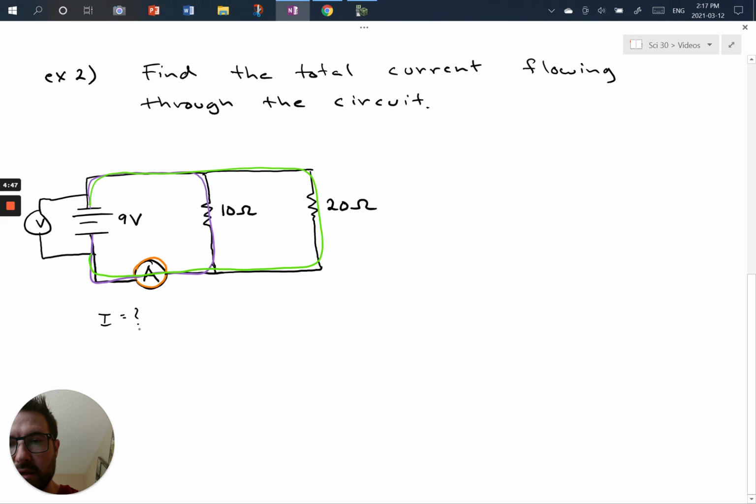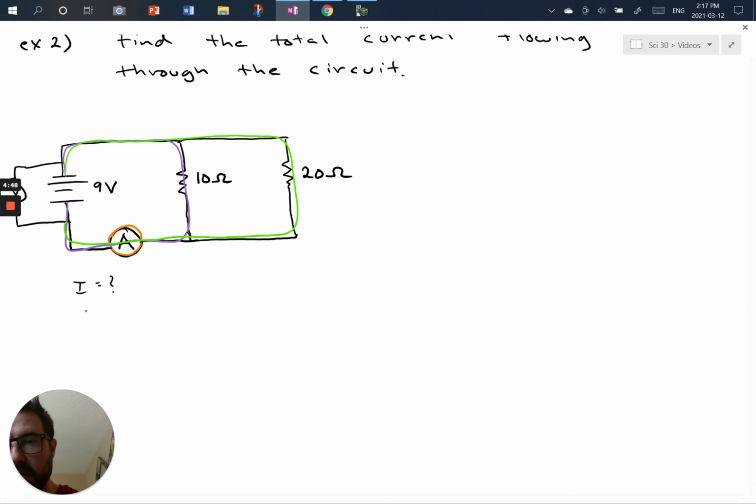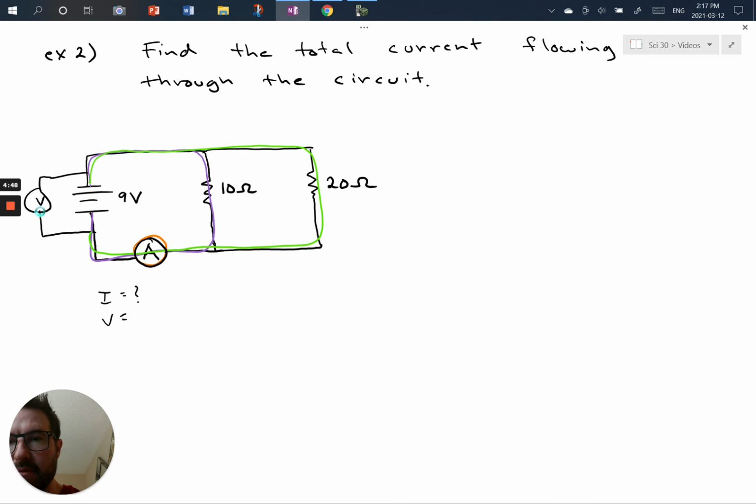We have the voltage. The voltage across my source or my batteries is the total voltage available to my circuit. It's the rise in potential energy, or the rise in voltage from one end of the battery to the other, that's the same as the amount of voltage drop I'm going to have throughout the rest of the circuit. So my voltage is 9 volts.